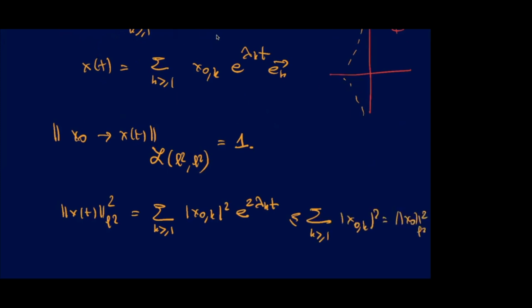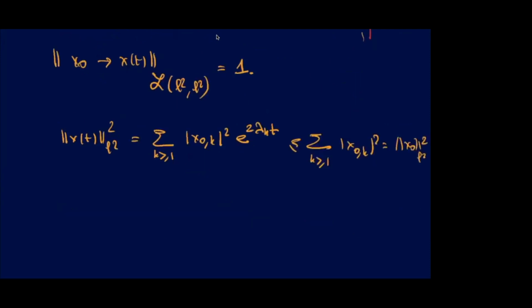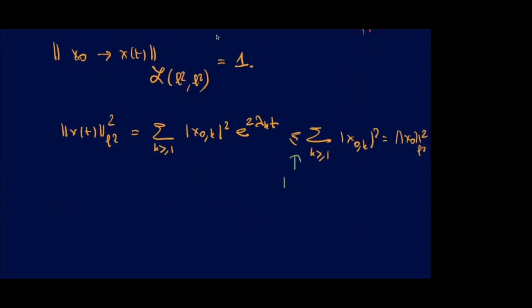And this is simply because all the real parts of all the lambda k's are negative. So this immediately means that the norm of the semigroup, as an operator from little L2 into little L2, is less than or equal to 1.